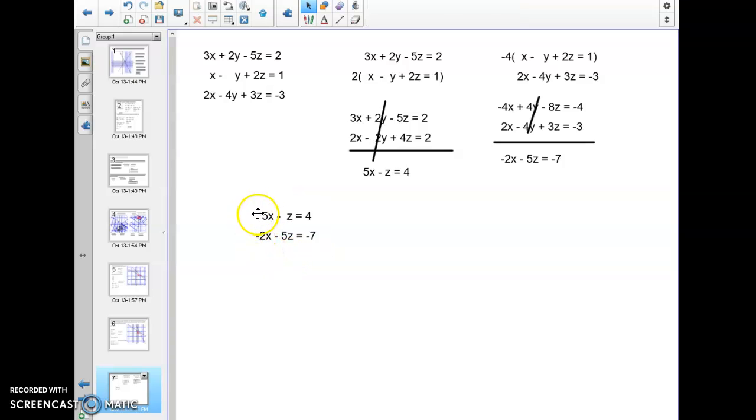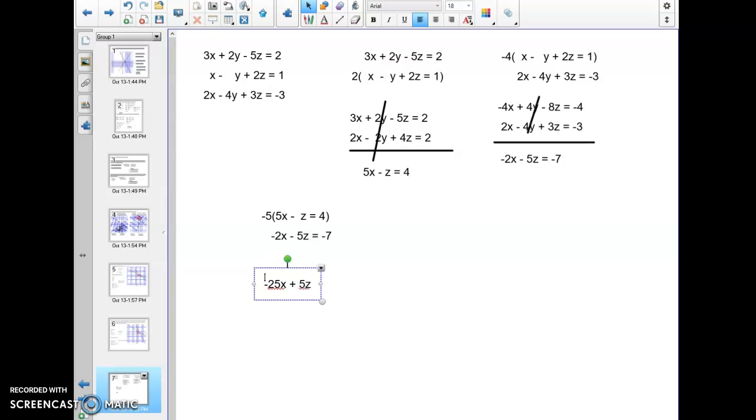And I'm going to multiply the top by a negative 5. And what that's going to do is get me positive 5z, which will cancel out. And that's essentially what we're looking to do, is cancel out another variable. So we have negative 25x plus 5z equals negative 20.